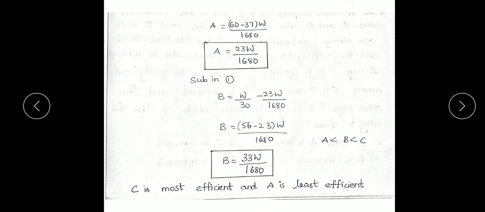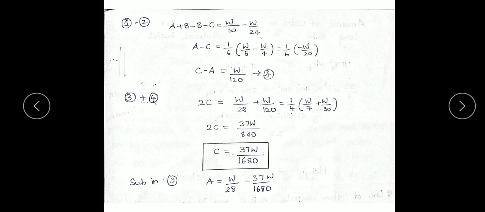So from this we can see that A can do 23 of W, and for B we are having W by 1680, for A also W by 1680, and for C also W by 1680. That is a common denominator for all of them. So we can see the numbers present in the numerator would matter more. That would say who is more efficient.